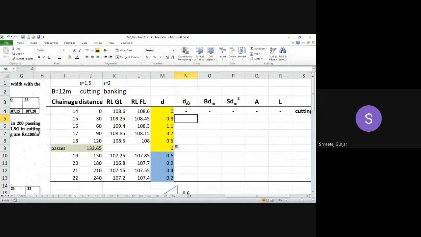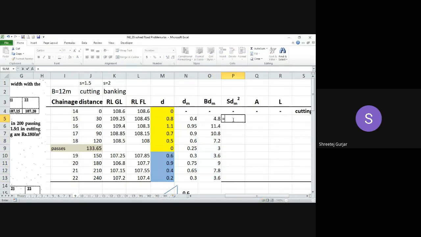It is for finding out dm, this plus this divided by 2. I found out dm. Next, b into dm, b is 12 into dm. Similarly, we have calculated in the previous numericals. That is what we will be following now.